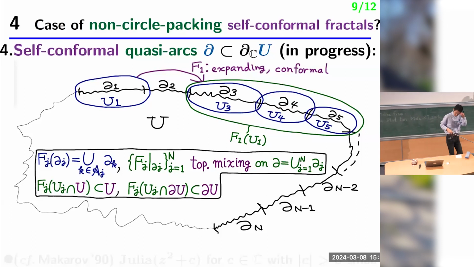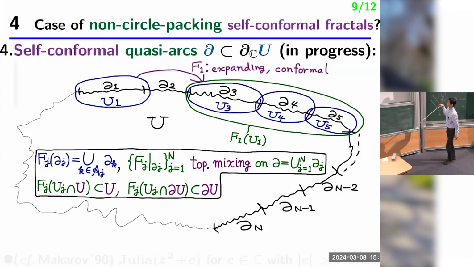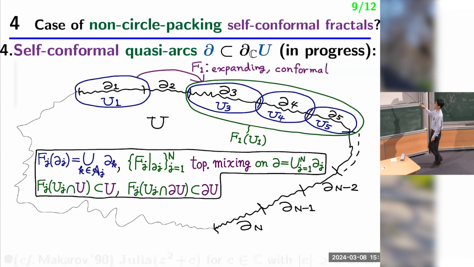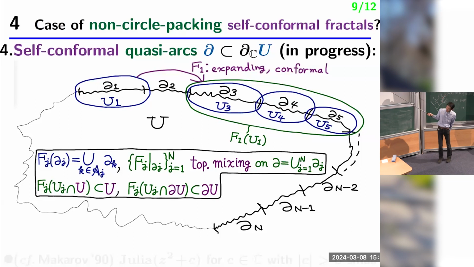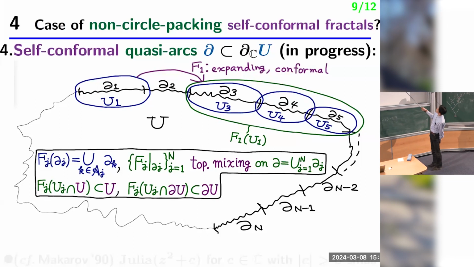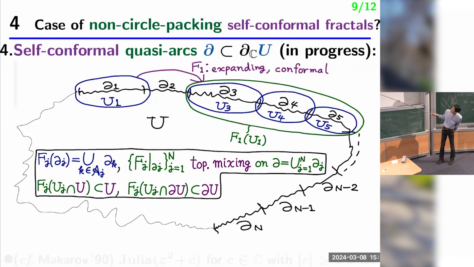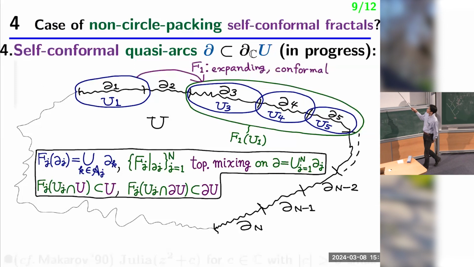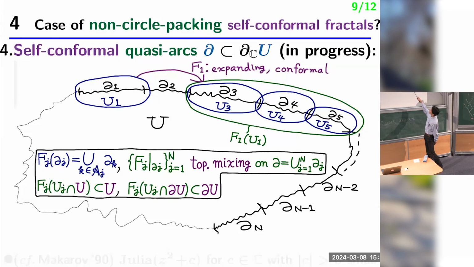So this handwritten picture illustrates the setting. Suppose we are given a Jordan domain U in the plane. And my fractal is some part of this Jordan domain, some closed subarc of its boundary.